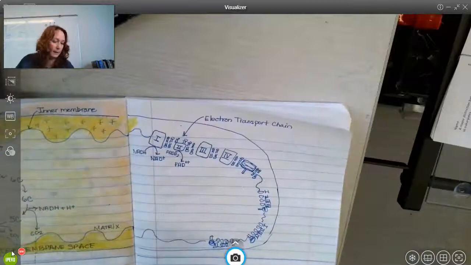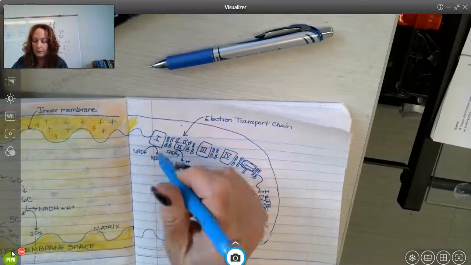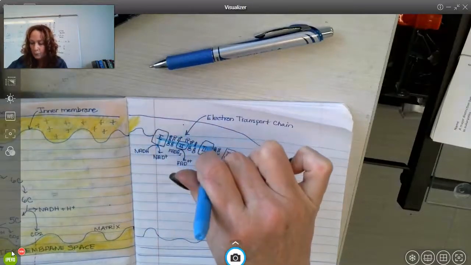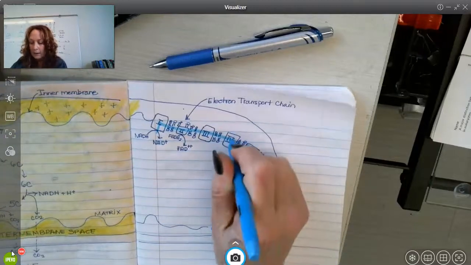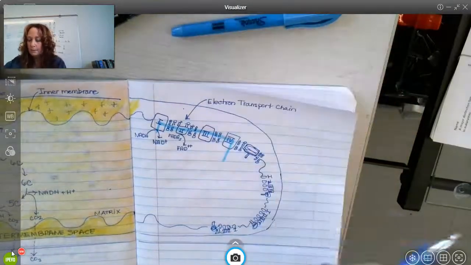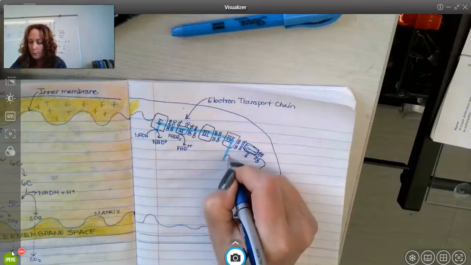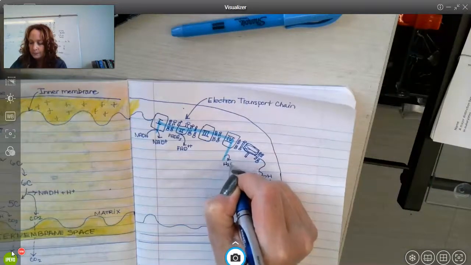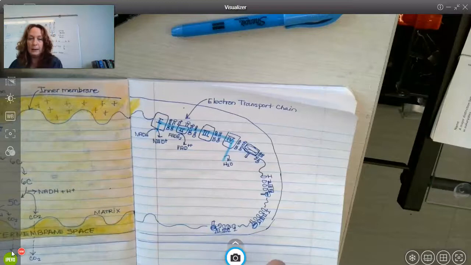So we had the electrons before. We showed them as being dropped off. They'll move through the complex, and the electrons then will be given to water, and we're going to form water. Now we haven't explained anything. We've just drawn.